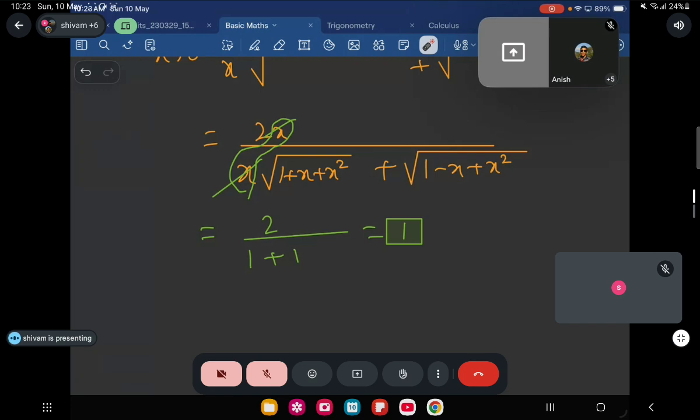So 2.9 bar will be considered as 3, and the box function of 2.9 bar will be 3. No. See, if you convert it and then find the box function, then it is 3. But without converting, the box function is 2. Understood? He said that there is no number between 2.9 bar and 3, so it is considered as 3.